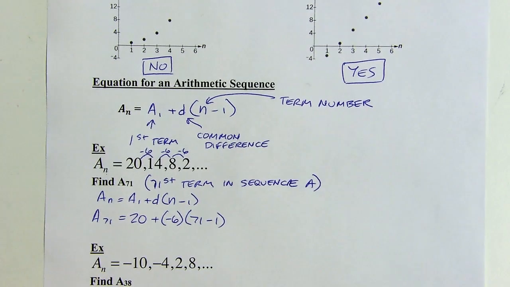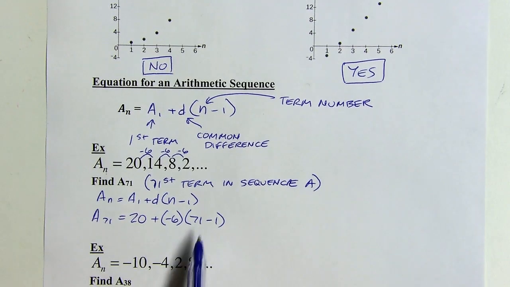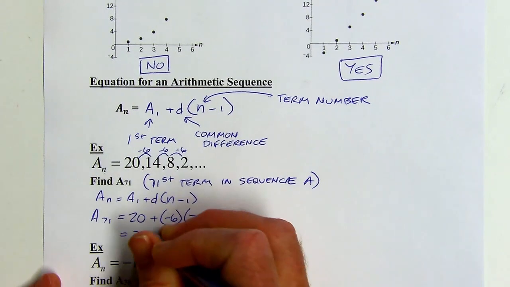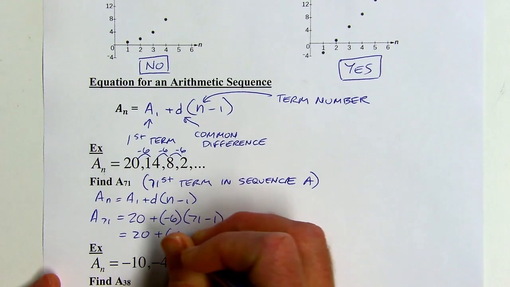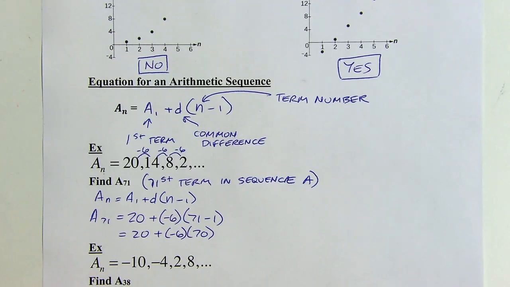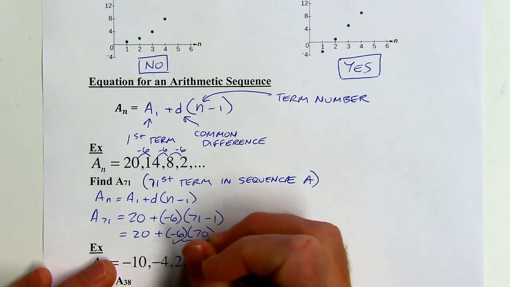And now I'm just going to solve this using PEMDAS. What do I do first? I'm going to work inside parentheses. There's only one thing to do inside the parentheses, that's that subtraction there. Then I've got multiplication and addition left. I'm going to do the multiplication next.